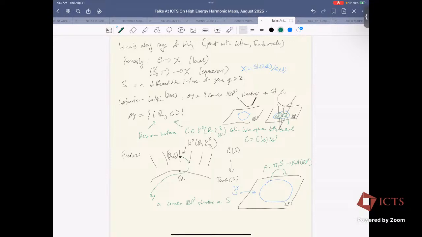And that action, so if I have some element of pi 1 of S, gamma, then rho of gamma is an automorphism of RP2, and it takes regions in RP2 to regions in RP2. And if you like, there's a fundamental domain for this action in RP2.